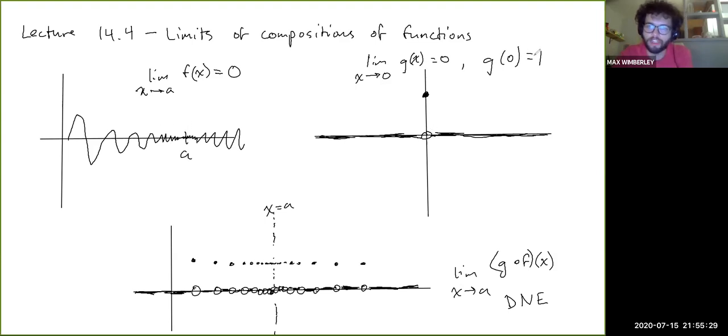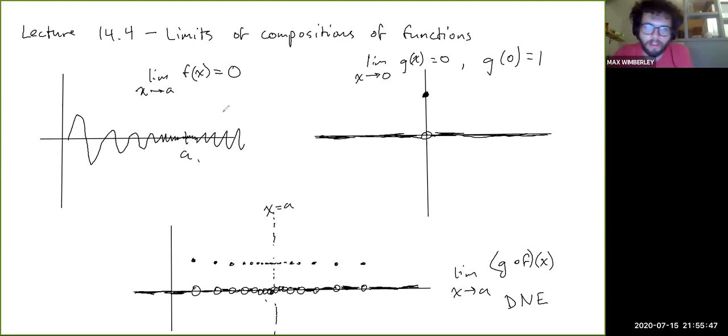So the fact that g of 0 is just this random number means that the composition is able to achieve this weird exceptional value infinitely many times as you let x get close to a. So the limit here actually fails to exist, even though both of these limits actually exist.